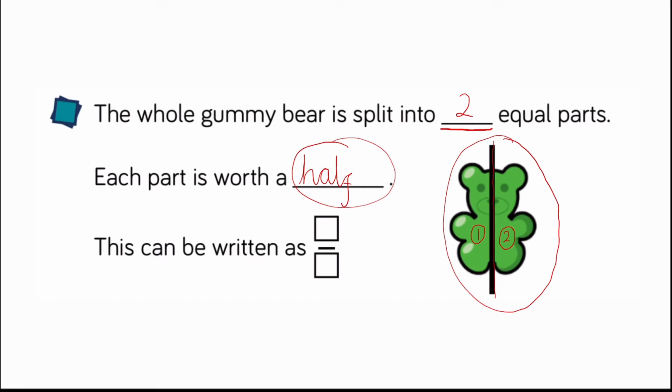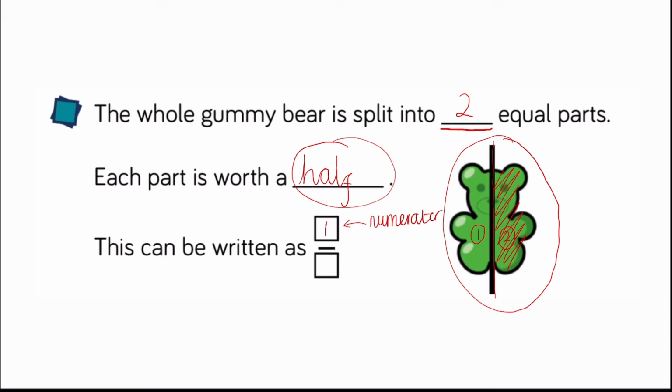Okay, so remember our top number is our numerator. And our numerator tells us how many parts I'm going to have. So how could we write a half? If I'm going to eat this part here, how many parts have I eaten? 1 part or 2 parts? 1 part, well done.